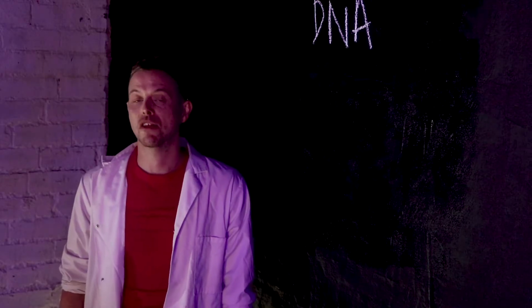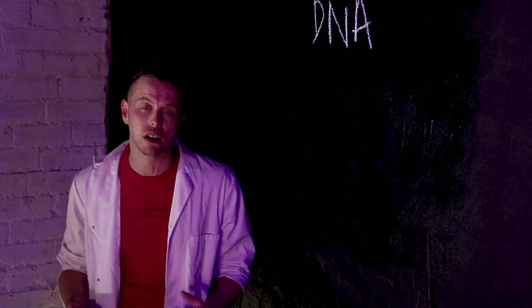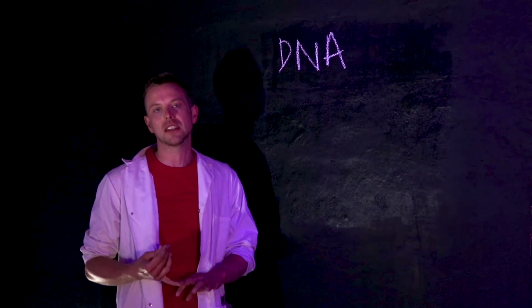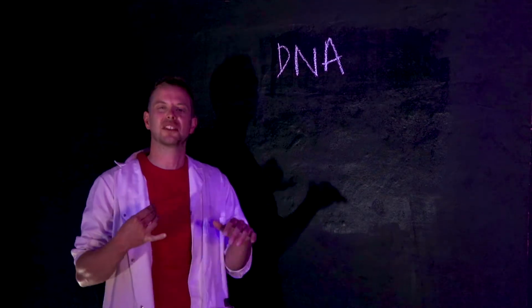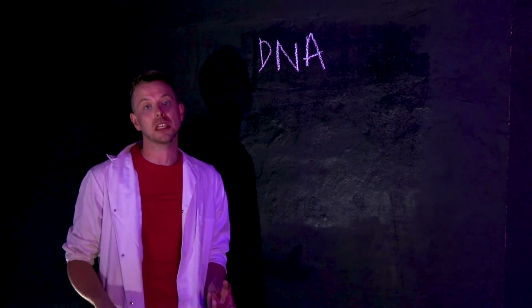DNA is apparently the recipe book for a human being, but that's not quite true. In fact, it's the instruction manual to produce proteins, and it's the proteins that go on to work or acquire all those other things like carbohydrates, fats, nucleotides, amino acids, micronutrients, vitamins, minerals, everything that you need to be a human being.